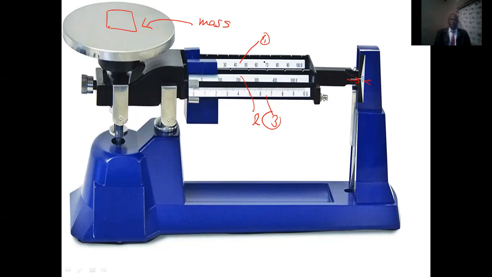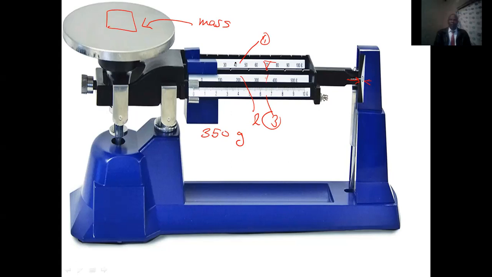For example, if we put a mass and this mass in the middle comes there, it means that we are going to have 350 grams at that point, because this is the middle of 300 and 400 grams.